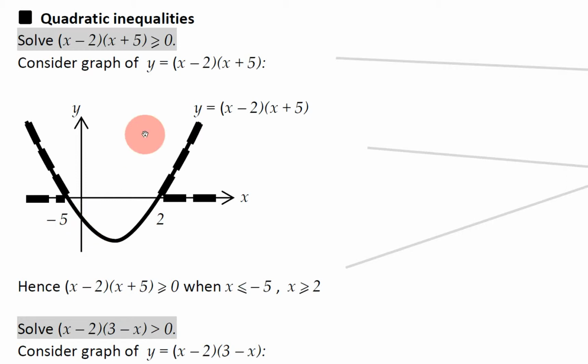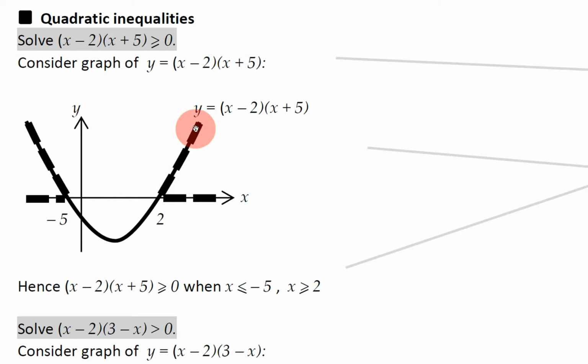So why is it that we've bothered drawing this sketch? Well, when you draw a graph of y = (x - 2)(x + 5), our function that's supposed to be greater than or equal to 0, we know that this is greater than or equal to 0 when y is greater than or equal to 0, because y is the same as this. So where on this graph is y greater than or equal to 0?